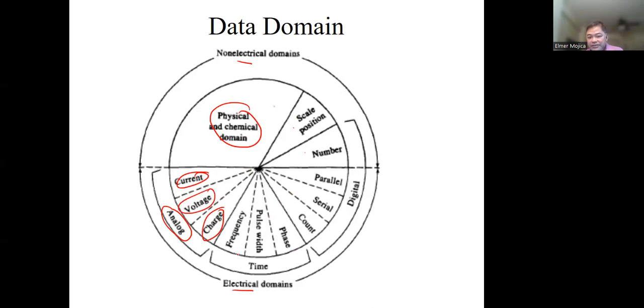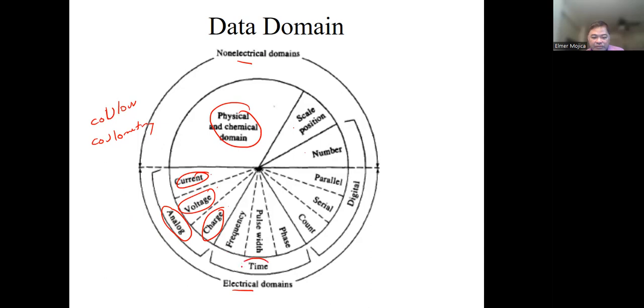Okay. So if you're going to look at this, we could say this is what? Voltammetry, potentiometry, and coulometry. When I say coulometry, the coulomb. Okay.